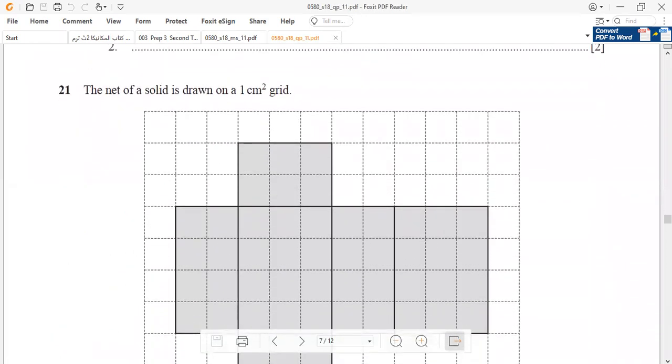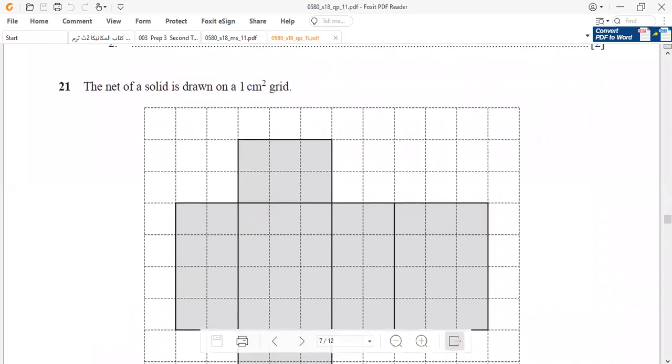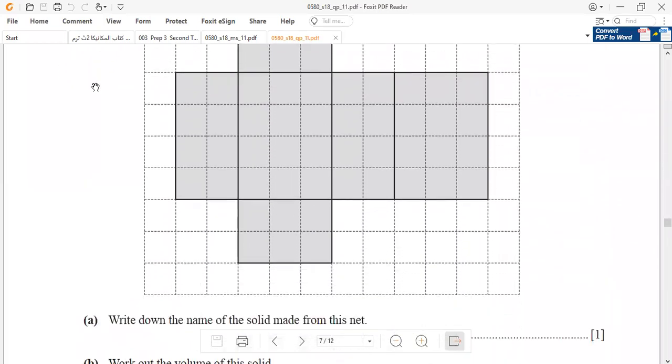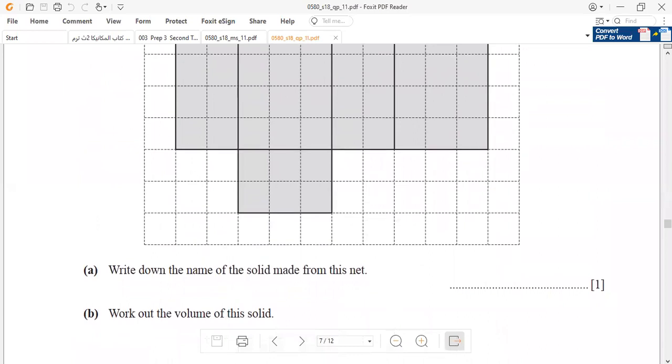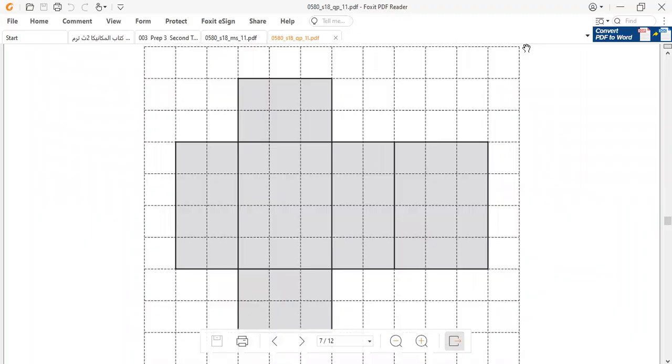And question 21. The net of a solid is drawn on a 1 centimeter square grid. Write down the name of the solid made from this net.